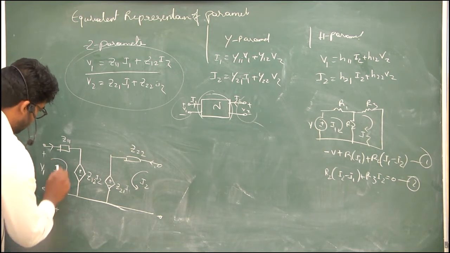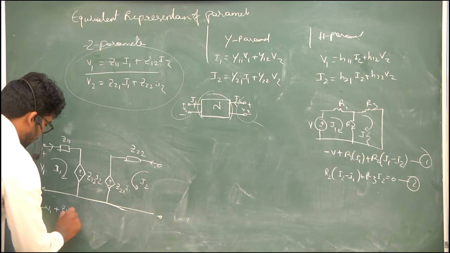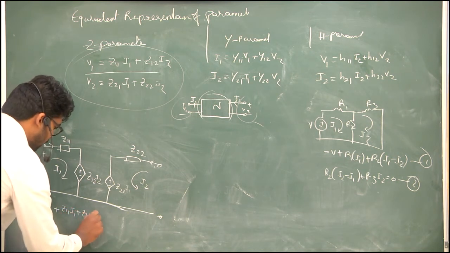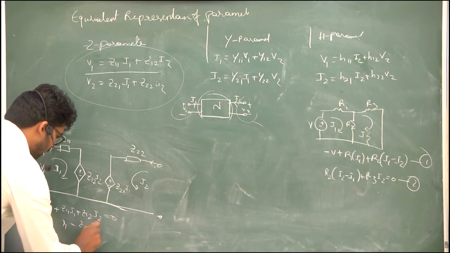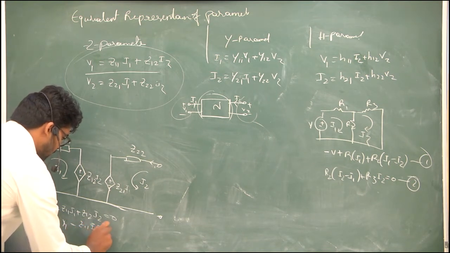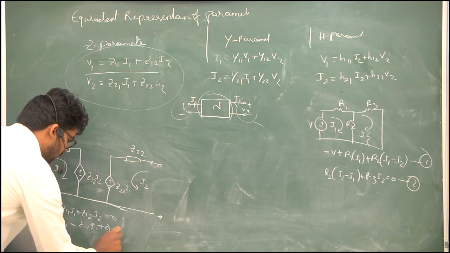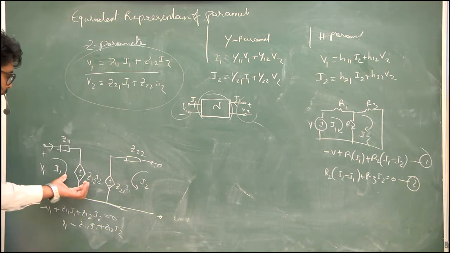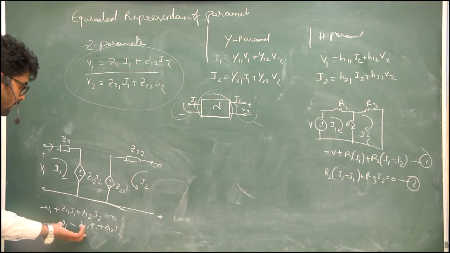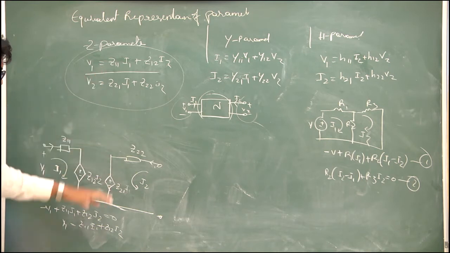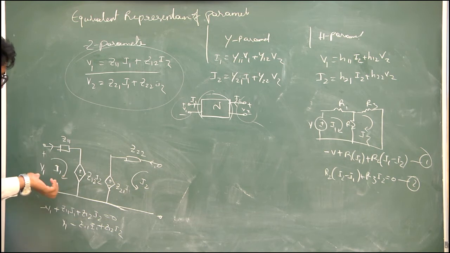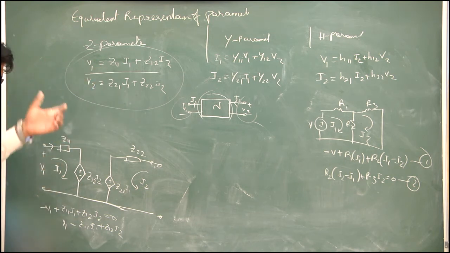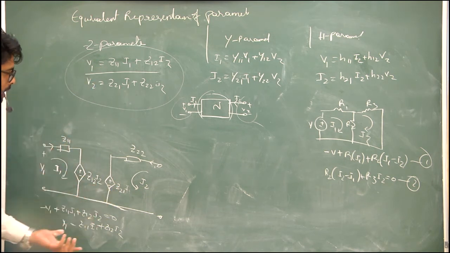Minus V1 plus Z11 I1 plus Z12 I2 equal to 0, therefore V1 equal to Z11 I1 plus Z12 I2. The whole idea is, with this circuit we represent the same equation again. So from the circuit we are getting this equation, keeping KVL in mind, and you have to represent this equivalent circuit.